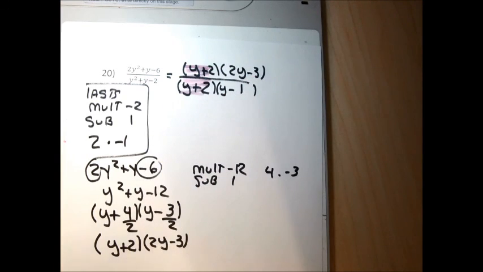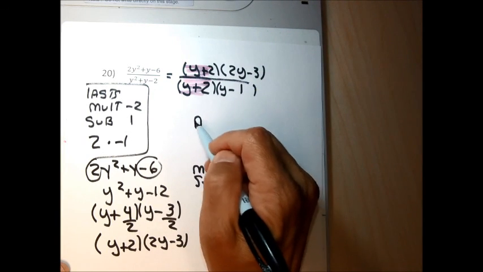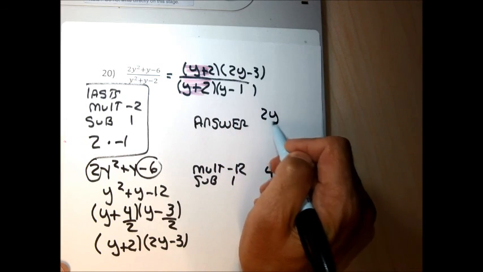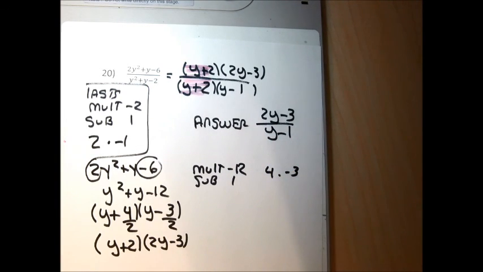And now I can cancel the y plus 2's. When I cancel the y plus 2's, I have my answer that's staring at me, and I don't need the parentheses anymore. So for my answer to problem 20, I'd probably just write 2y minus 3 over y minus 1, and that doesn't reduce anymore.